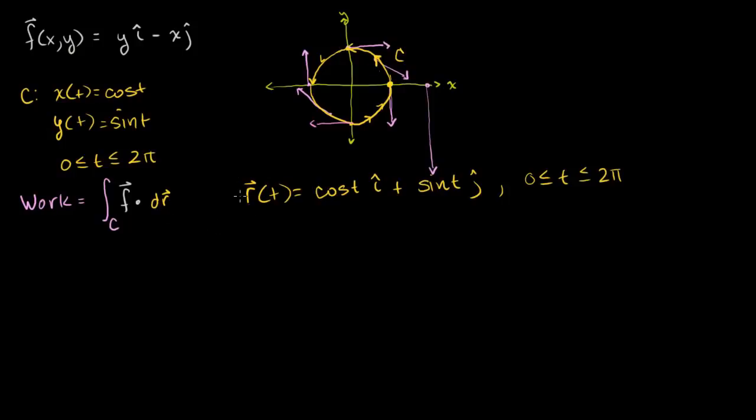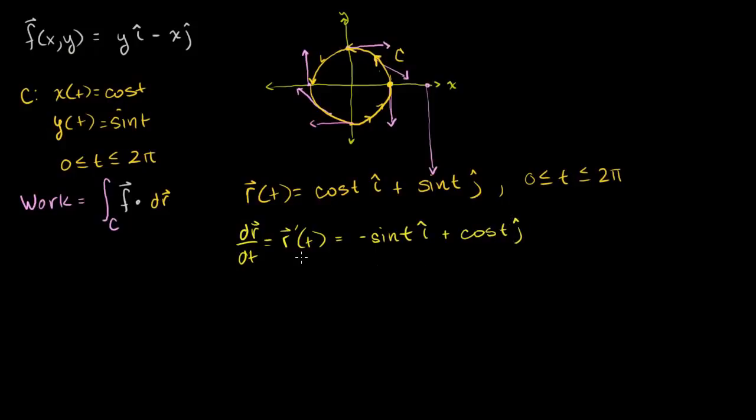So a good place to start is the derivative of our position vector function with respect to t. So we have dr dt, which we could also write as r prime of t. This is equal to the derivative of x of t with respect to t, which is minus sine of t times i, plus the derivative of y of t with respect to t. The derivative of sine of t is just cosine of t times j.